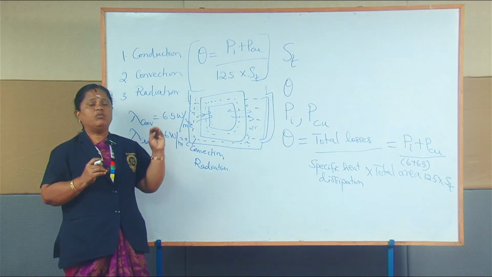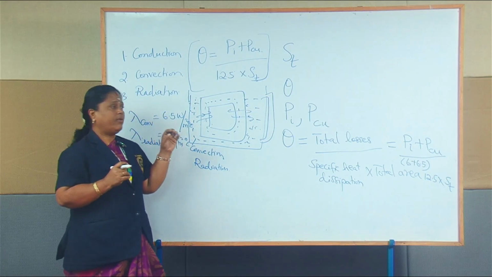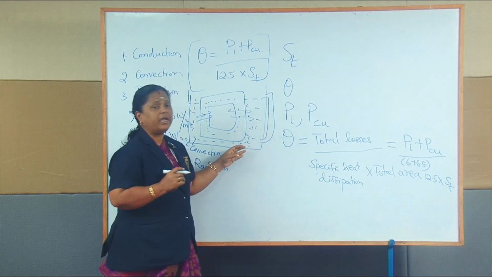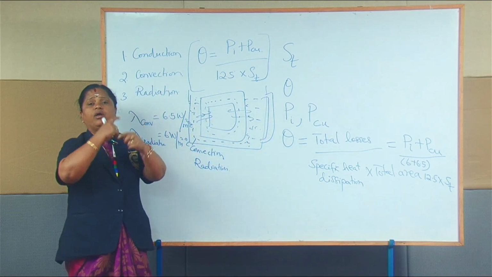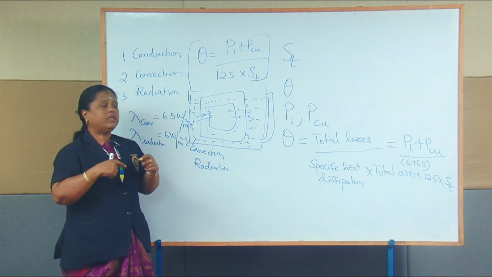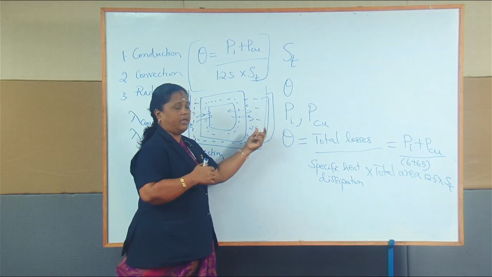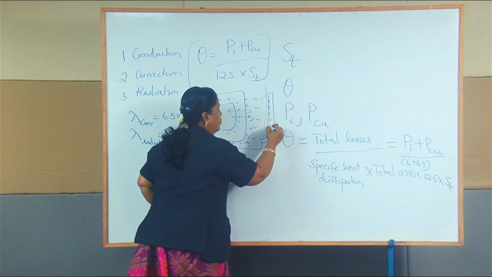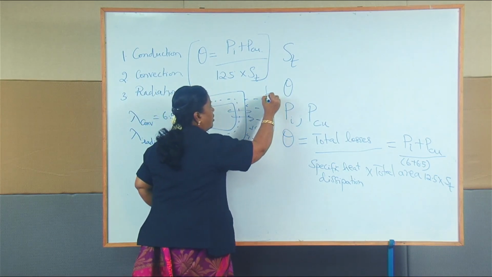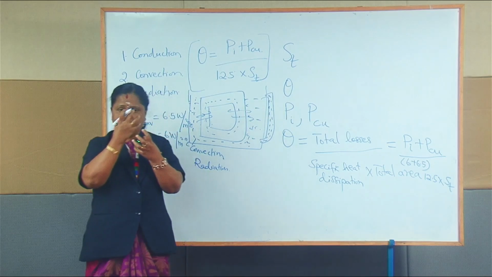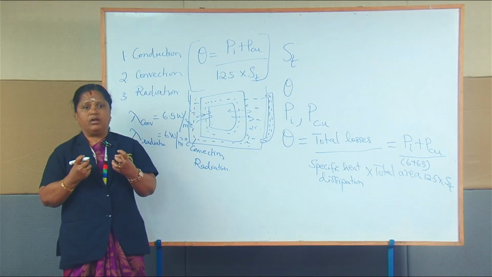Now, this cooling tube gives a provision for the oil to circulate. And not only that, when cooling tubes are there, they also give some space for the oil, right?